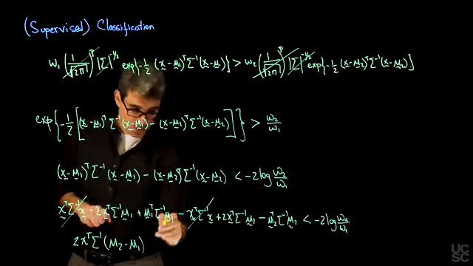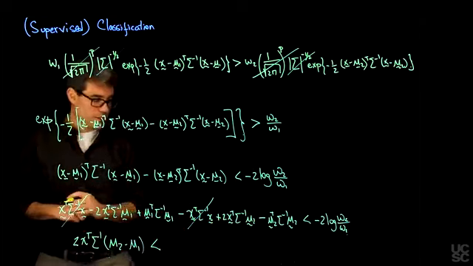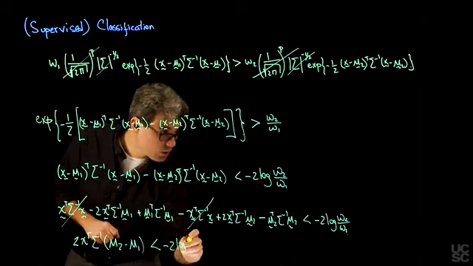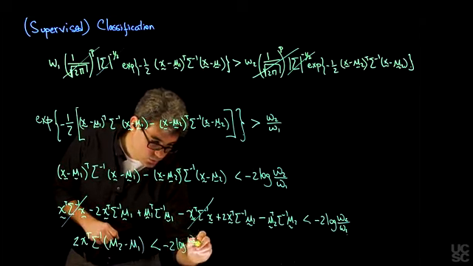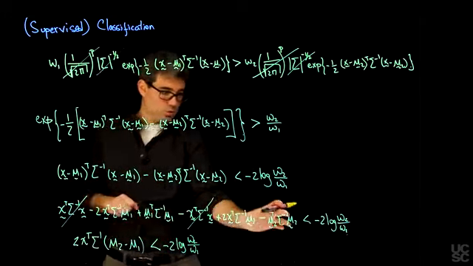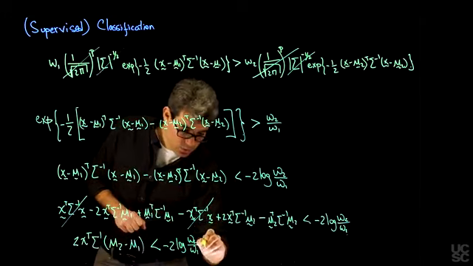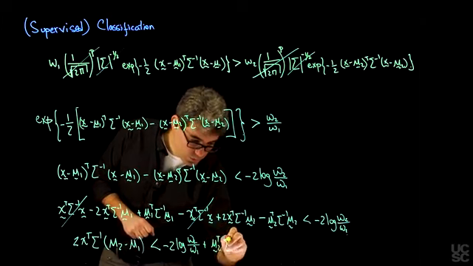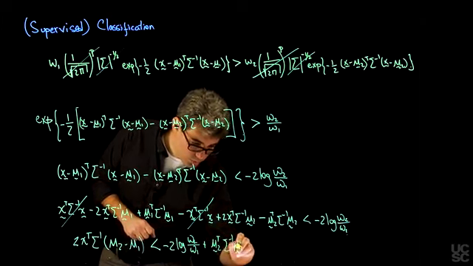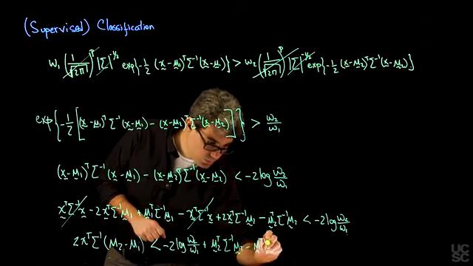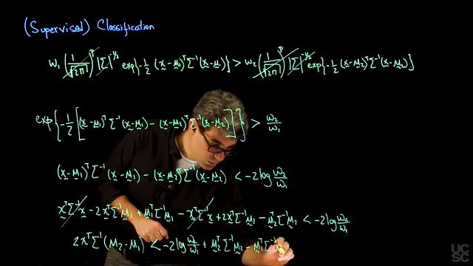And then I'm going to say that this has to be less than minus 2 times log of omega 2 divided by omega 1. And I'm going to move these 2 terms to the right. So plus mu2 transpose sigma inverse mu2 minus mu1 transpose sigma inverse mu1.